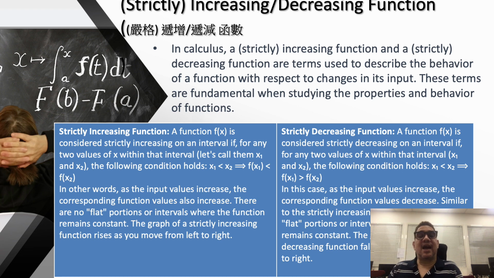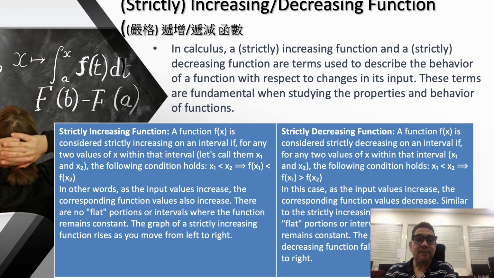Strictly increasing and decreasing function. In calculus, a strictly increasing function and a strictly decreasing function are terms used to describe the behavior of a function with respect to change in its input.